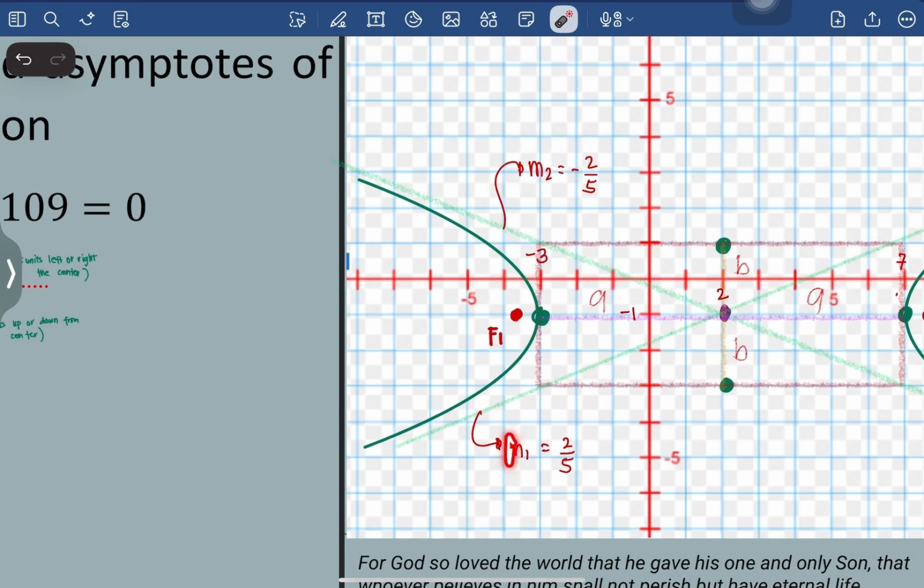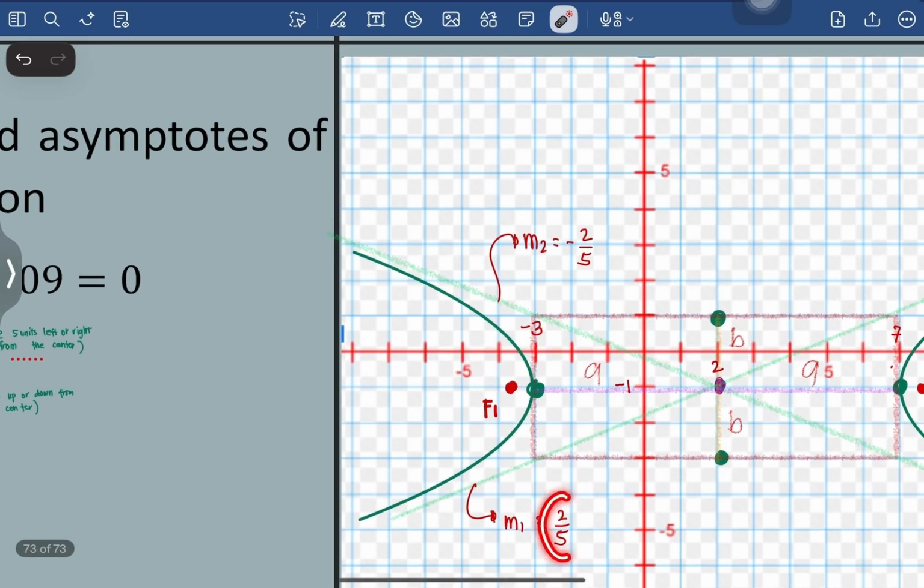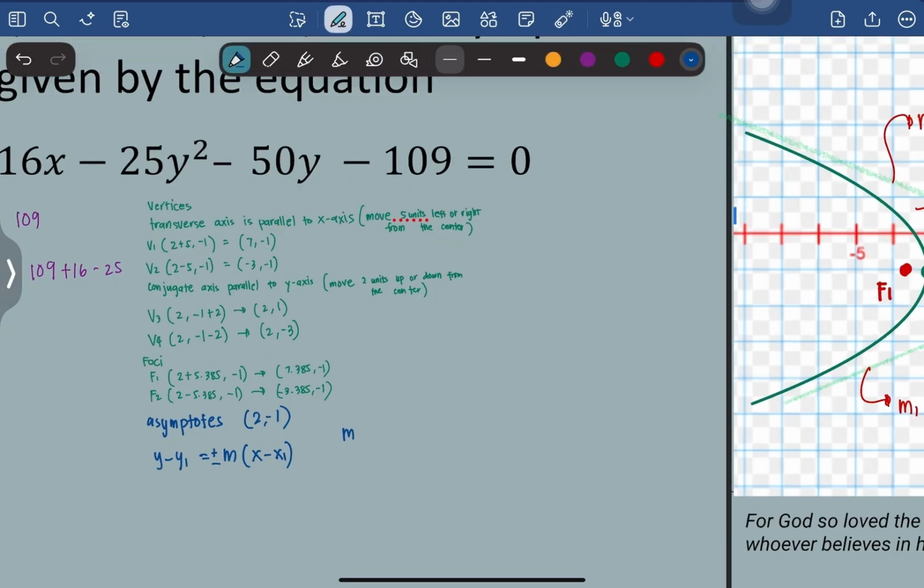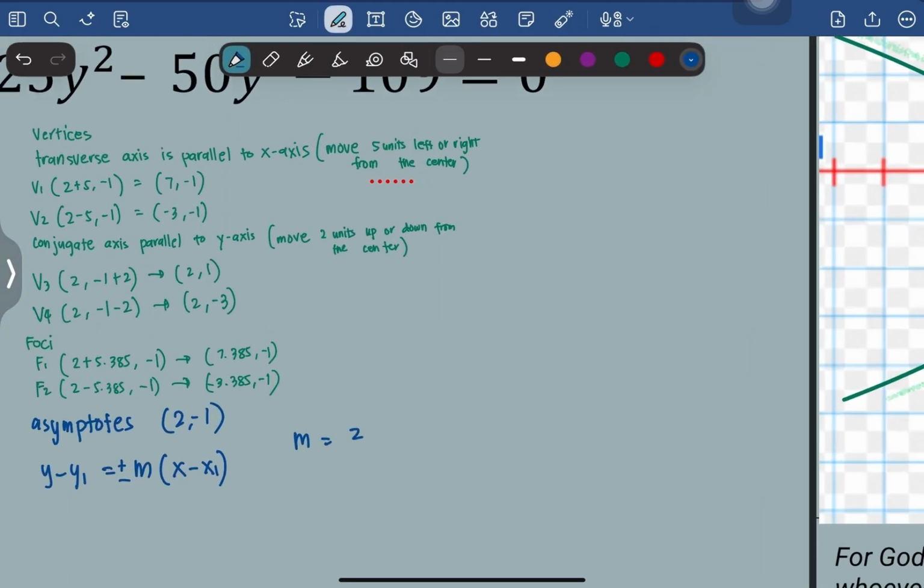Slope is rise over run. Yung rise natin dito is b, then yung run natin dito is a. Kaya kung ano yung distance b, equal siya sa 2, and a is 5. Then just copy the numerical value para naman dito sa second asymptote na going downward, so magiging negative siya. So therefore, the slope is 2 over 5.